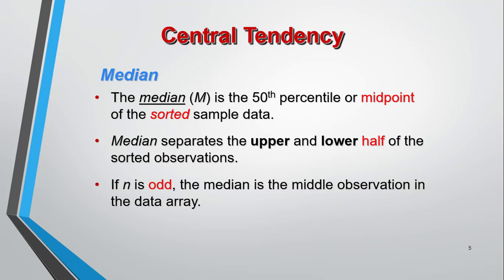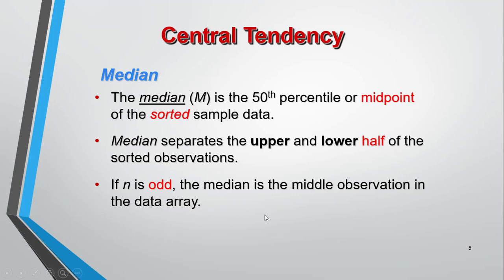If n is 7, you get 1, 2, 3, 4, 5, 6, 7. Number 4 is the median, the fourth one. So if n is odd, the median is the middle observation in the data array.